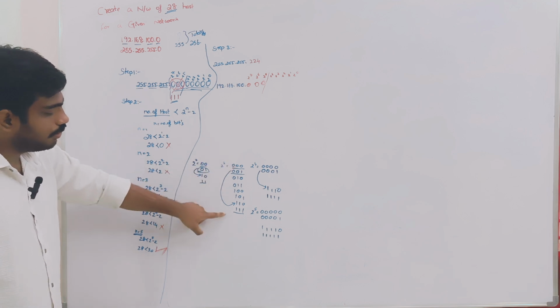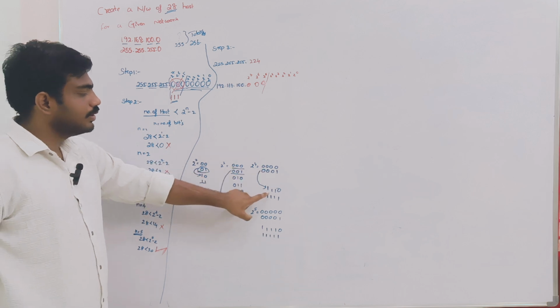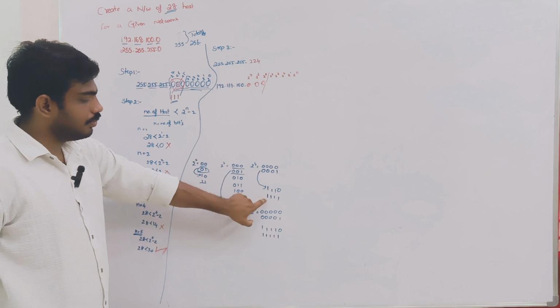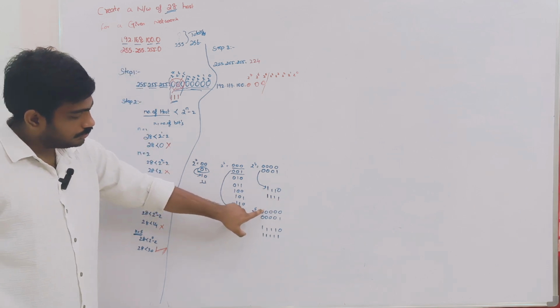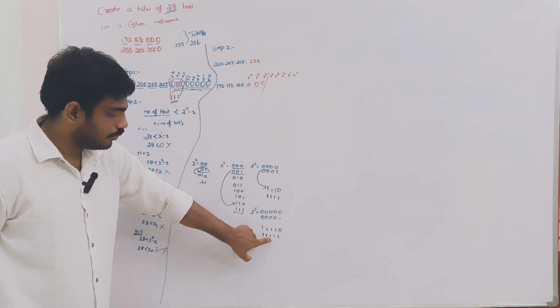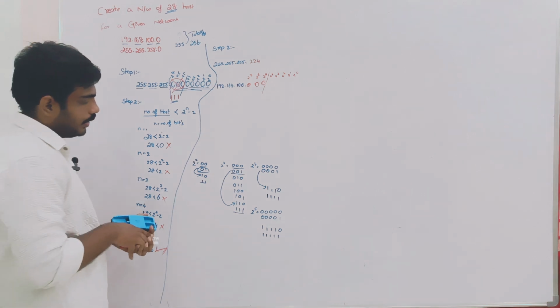If you take 3 bits, it ends with continuous ones. Here also, if you take 4 bits, it starts with 0 0 0 0 and obviously ends with 1 1 1 1. If you take 2 power 5, it also starts with 0 0 0 0 0 and ends with 1 1 1 1 1.